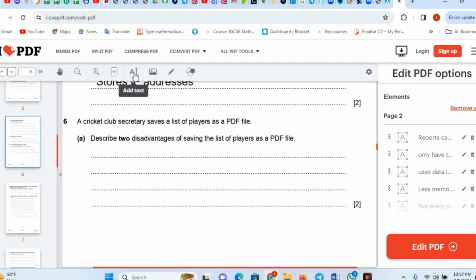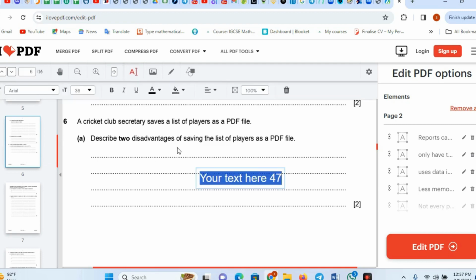Good. It is more difficult to edit. You see, a document file is easier to edit, but PDFs are more difficult to edit. That's why you see me typing one by one like this, placing it inside on the lines again. But if I'm working with a Word document, all I need to do is to type.